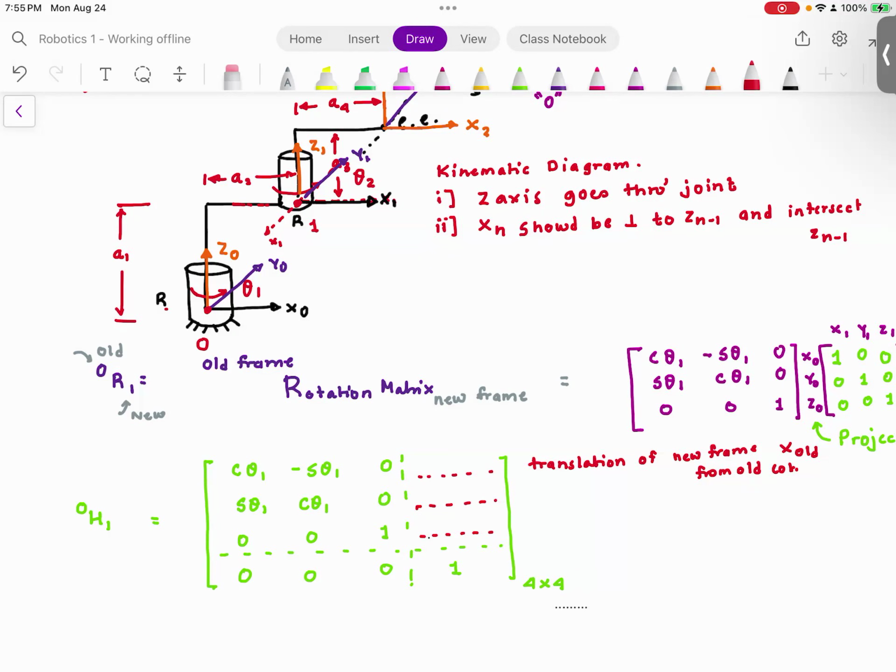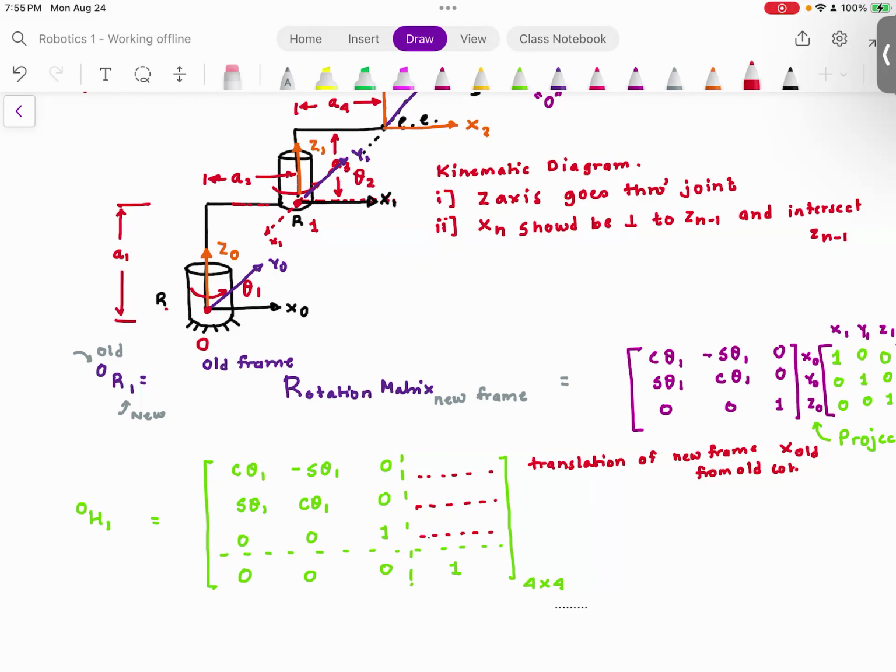That distance should be valid for all the values of theta. Right now, what I have shown you is the configuration when theta 1 is 0. But imagine if theta 1 is 30 degrees, or 40 degrees. You agree with me?